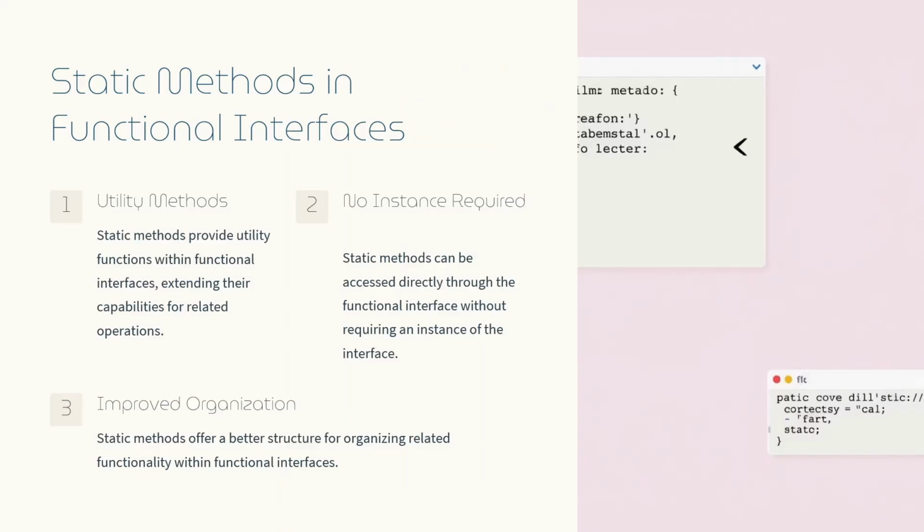Okay, so next one is static methods in a functional interface. What are static methods? What is the meaning of static? Constant, it won't change frequently. Static methods provide utility functions within the functional interface, extending their capability for related operations. Let's take an example, the bank SBI.